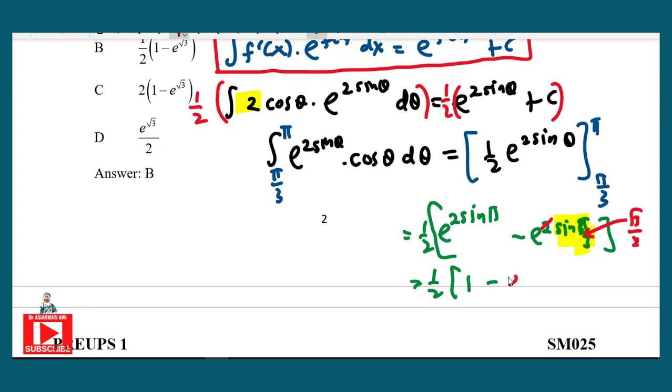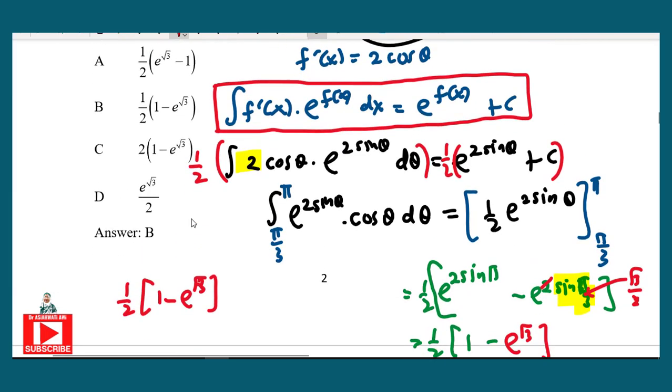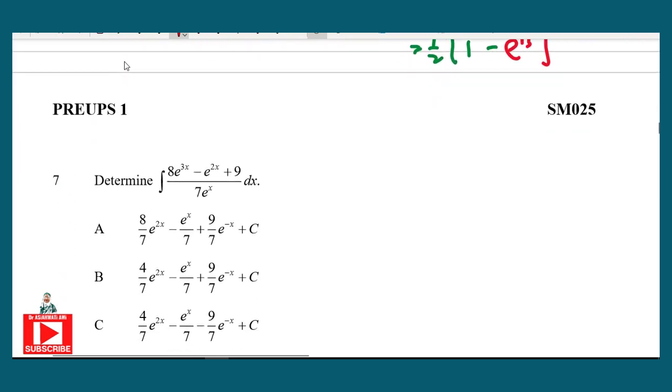So the answer is e power root 3. Looking at the options: 1 over 2 times 1 minus e power root 3. This will be option B.